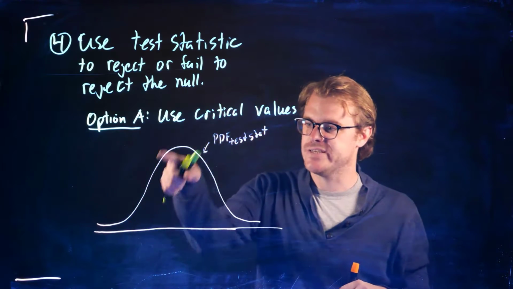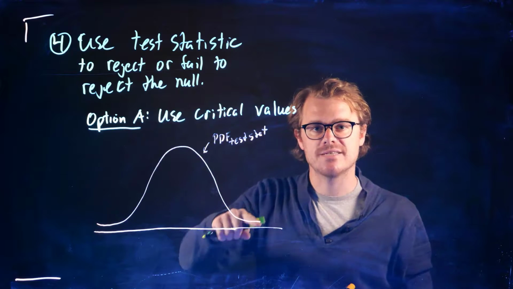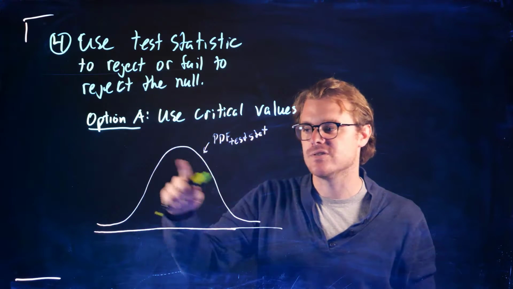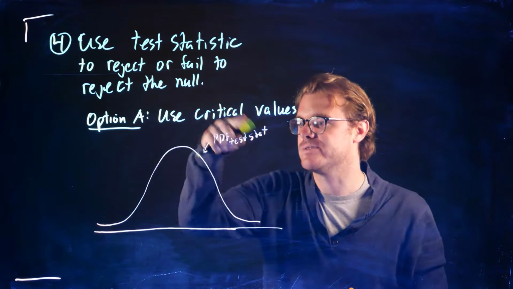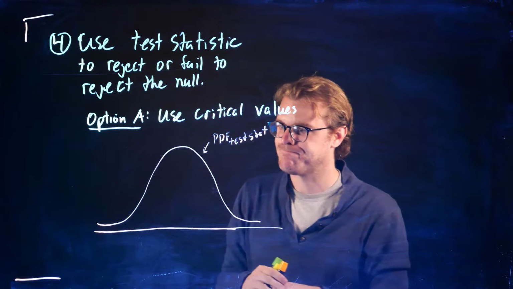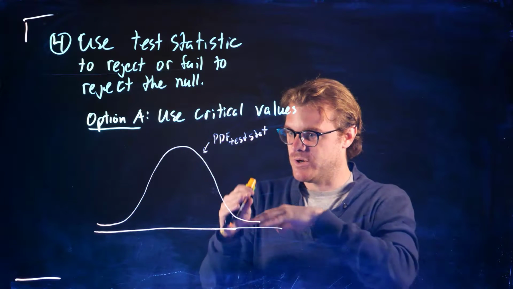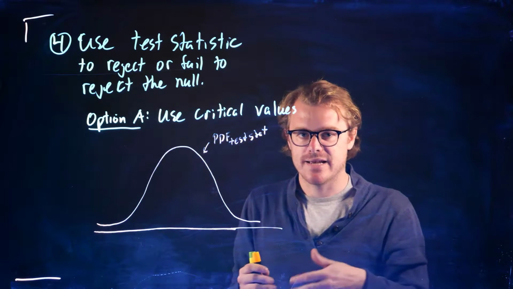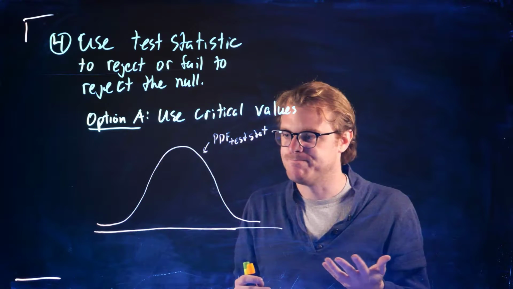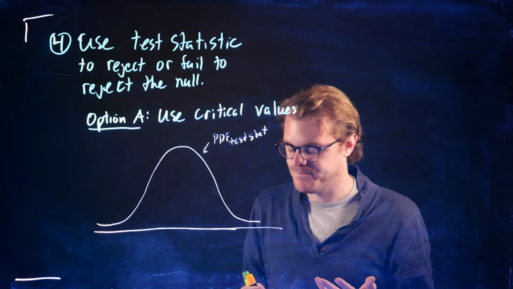We're going to assume it has this shape, but depending on which test statistic we use, the shape might be a lot different. The F distribution looks a lot different than this. This looks more like a normal distribution, or a T distribution. So here's the distribution of our test statistic, and it's a function of our sample, which is why it's a random variable.